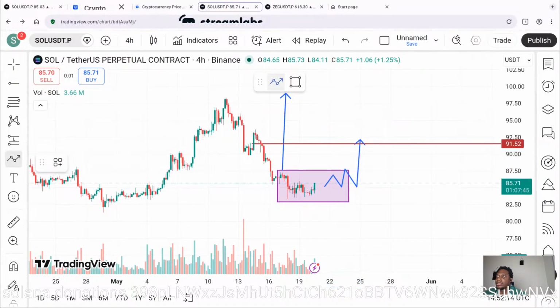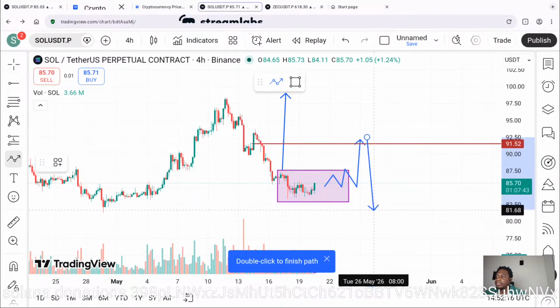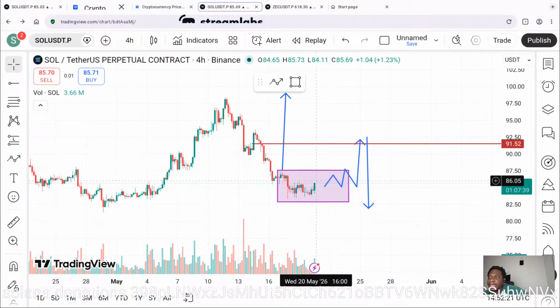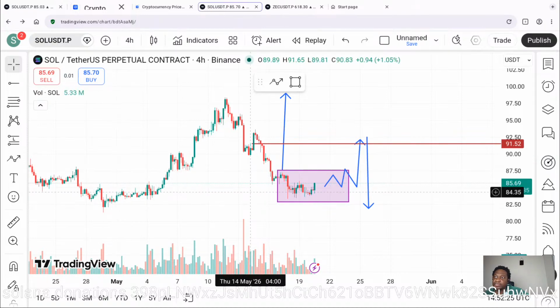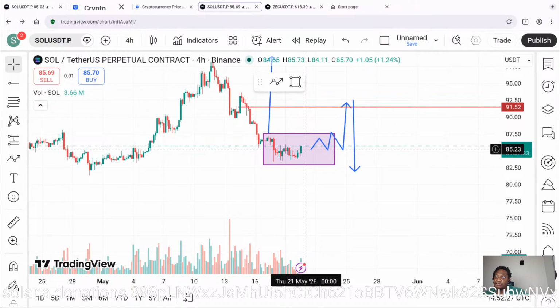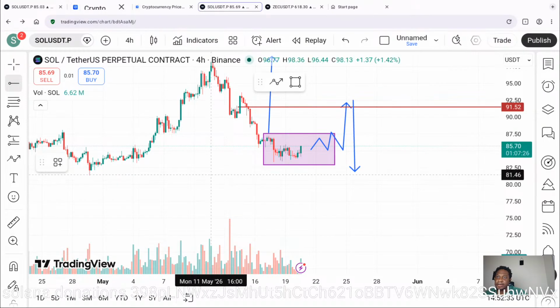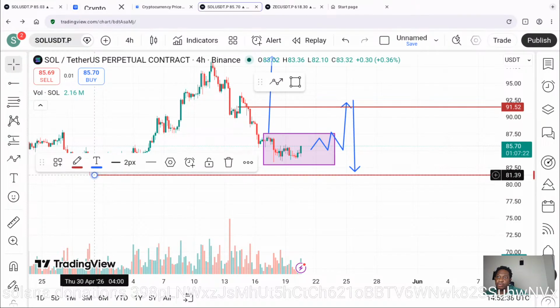And then reverse on you, because you're most likely going to get in around here. And if you're going to get in around here, where's going to be your stop loss? You're most likely going to put your stop loss beneath this lows right here, beneath this red candle.